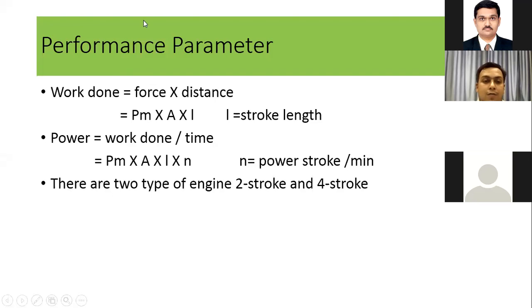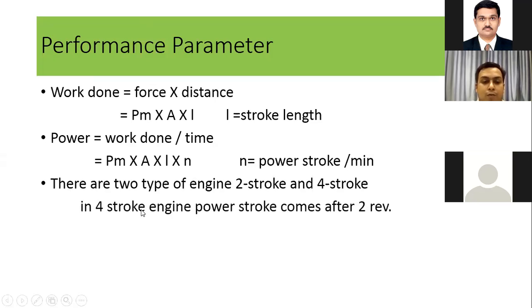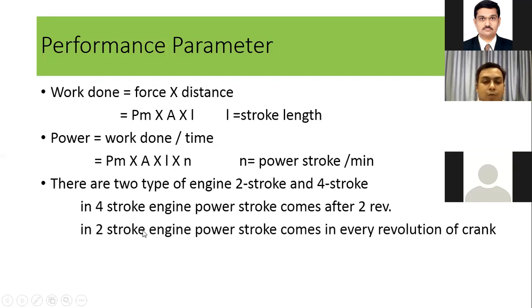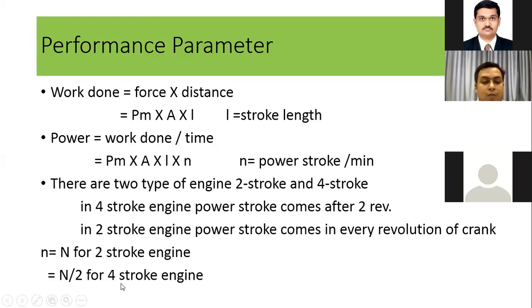Now, as we understood earlier, in a 4-stroke engine the power stroke comes after 2 revolutions, and in a 2-stroke engine the power stroke comes in every revolution of the crank. So small n will be equal to N for a two-stroke engine and N by 2 for a four-stroke engine.